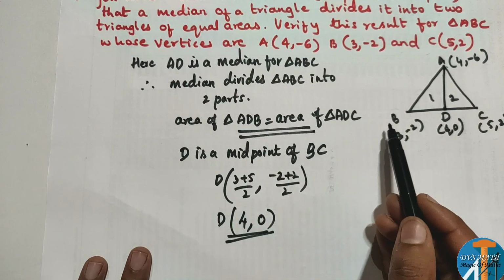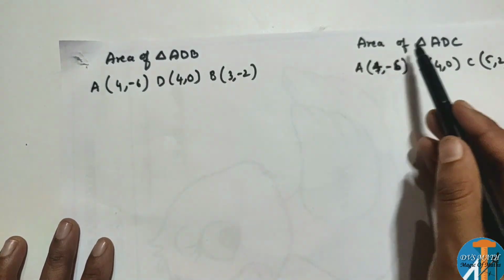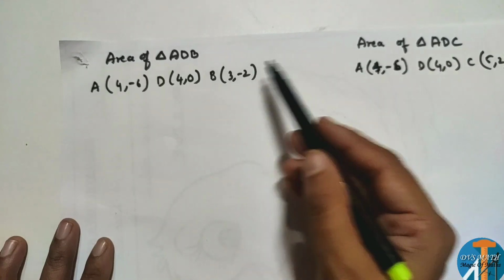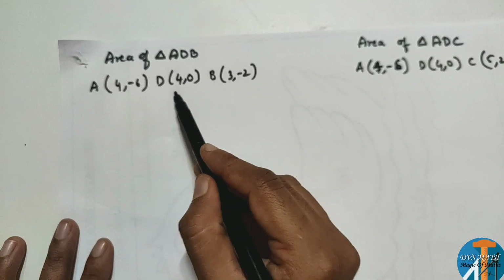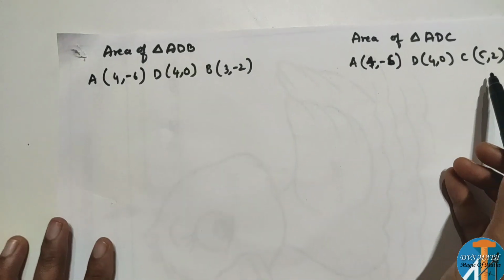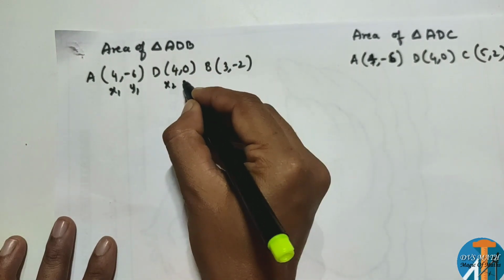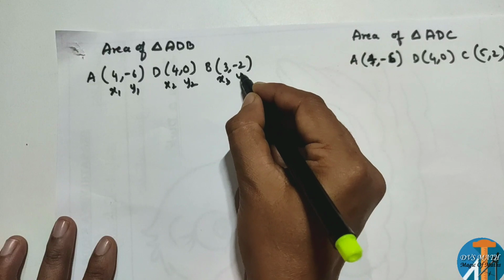Now let us find separately the area of triangle ADB and the area of triangle ADC. Now consider like this: write the points of ADB by looking at the figure, and ADC. Now write the x1 y1, x2 y2, x3 y3.